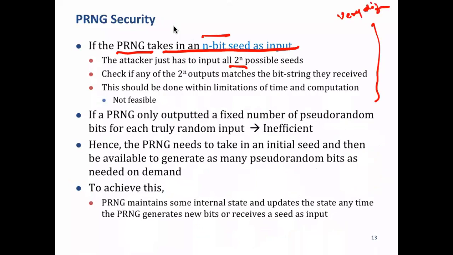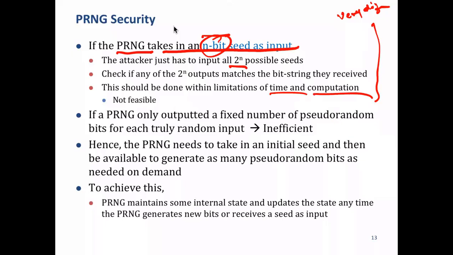It should be done within some time. If the time to break it is in years or hundreds of years, then our job is done, right? So n should be large enough such that the attacker should not break it within some limitation of time and computation.